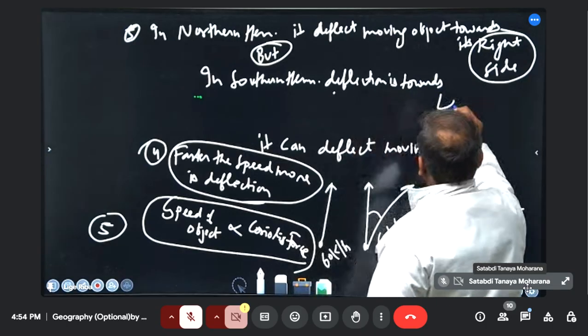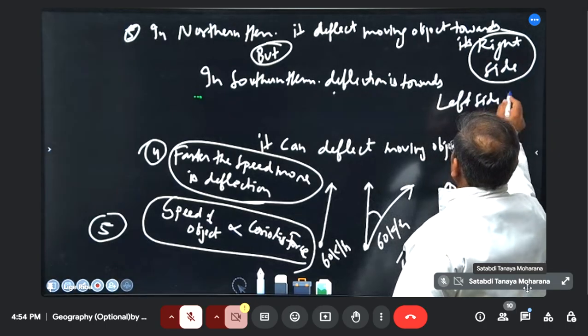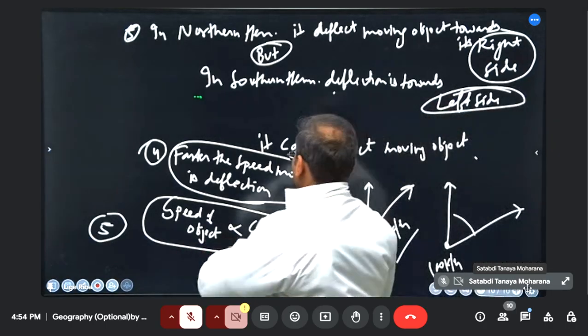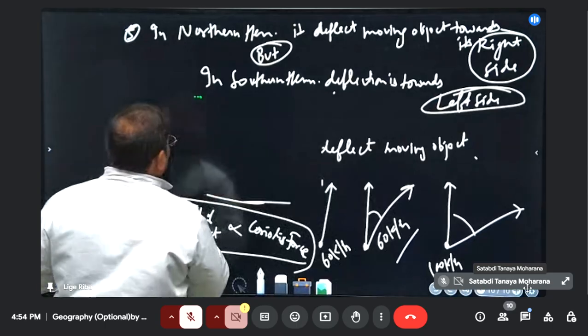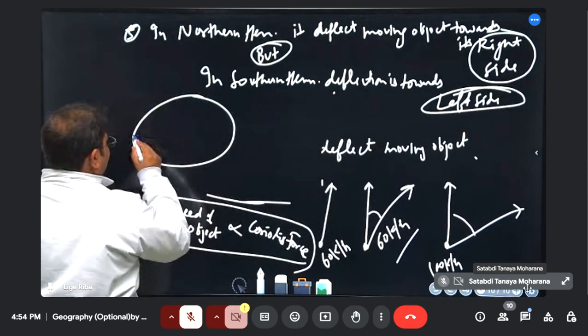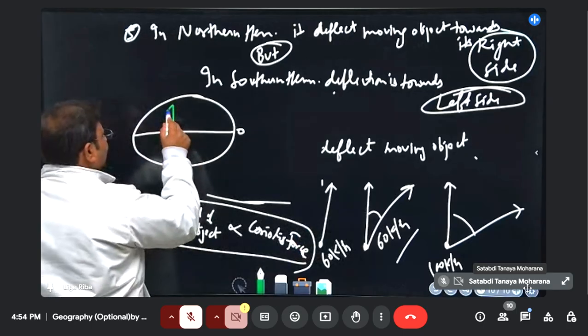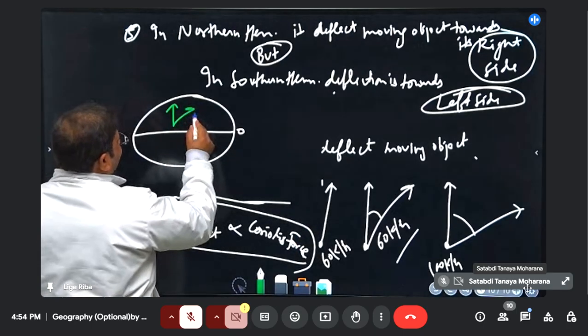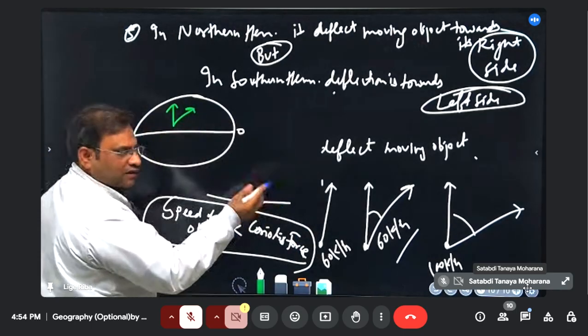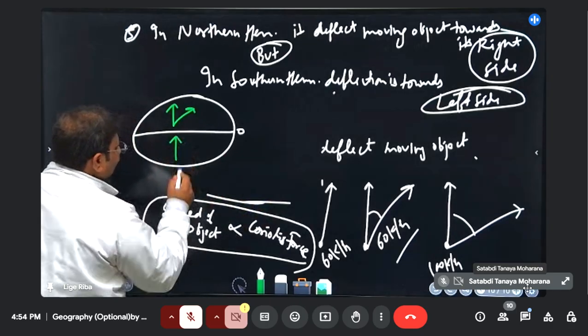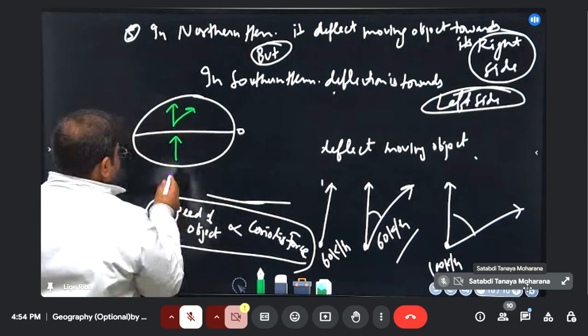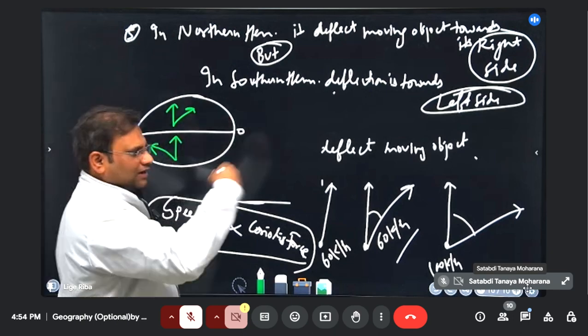What does it mean? Say this is Earth, this is the equator. If an object is moving this way, it will be deflected towards its right. This is the right side of it. But in the south, if the object is moving this way, it will deflect left. This is the left of it. So it is a reverse, opposite deflection.